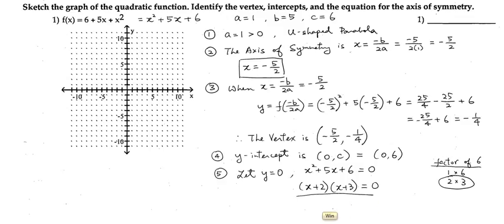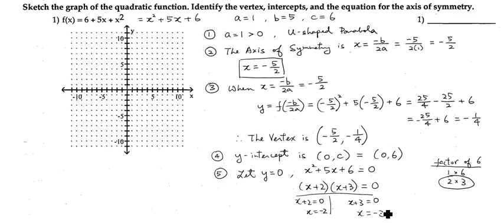Continue to find out what the x would be. So we got x is equal to negative 2, and x is equal to negative 3. But what is the x-intercept? Does it mean that the x-intercept is negative 2 and negative 3? That would be wrong.